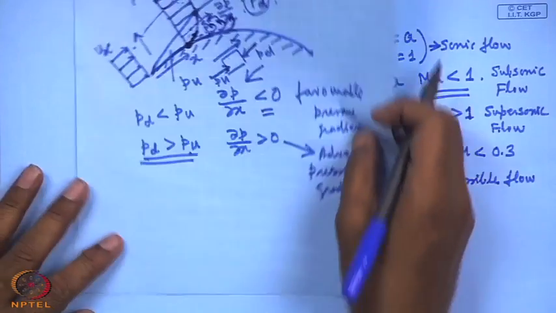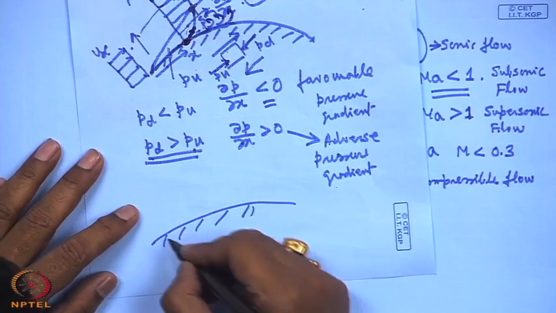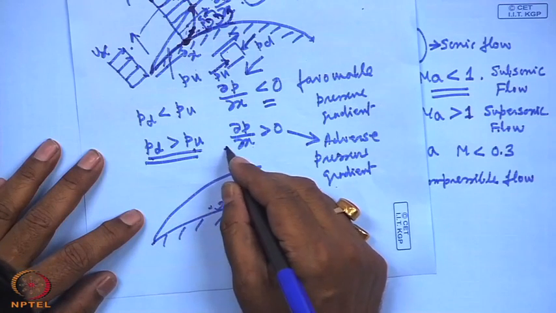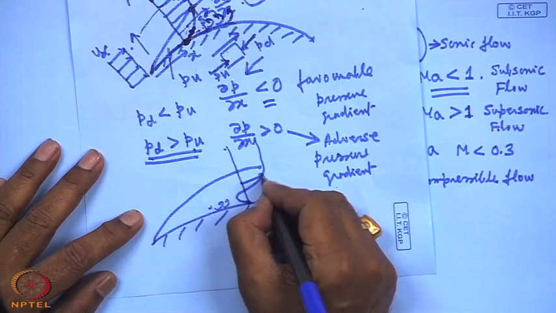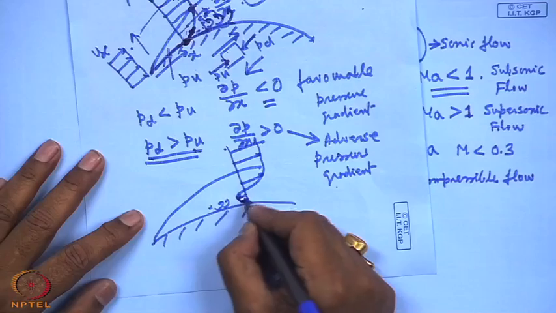If you draw here the velocity after the flow reversal, here the flow reverses, if you draw the velocity profile, you will see the velocity profile is like this. You understand? So, this part the fluid flows in the opposite direction.